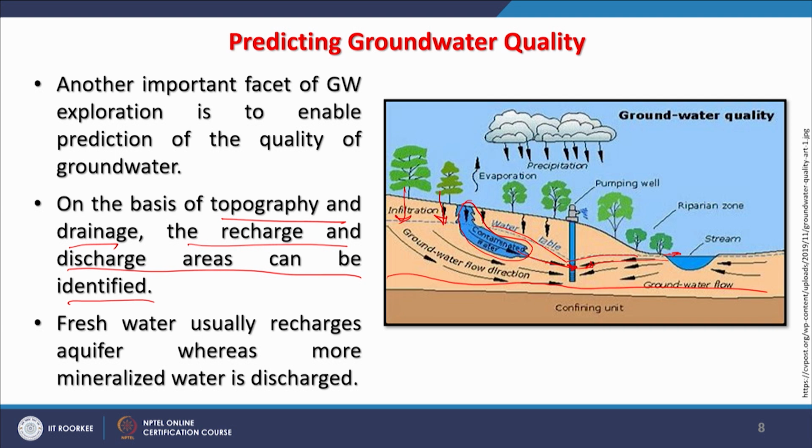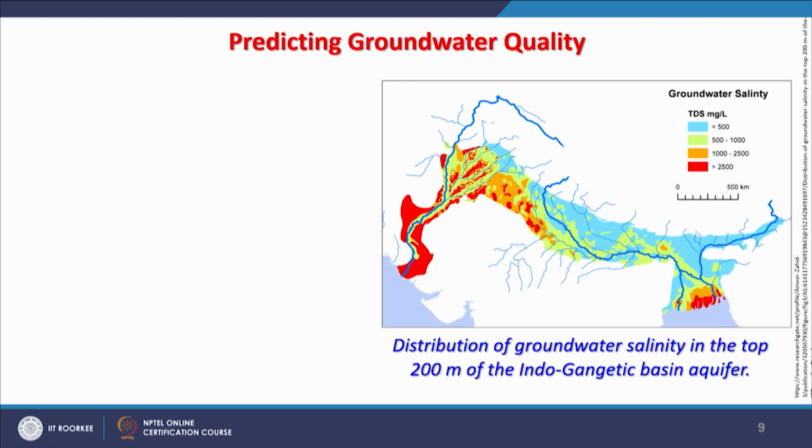The fresh water usually recharges the aquifer because of rainfall, whereas more mineralized water is discharged, as we are seeing here, because of certain geological arrangements or types of rocks. If we look at this groundwater quality from the northern Indian, Indo-Gangetic or Himalayan region point of view, then this is the distribution of groundwater salinity in the top 200 meters of the Indo-Gangetic basin, which we are seeing here.